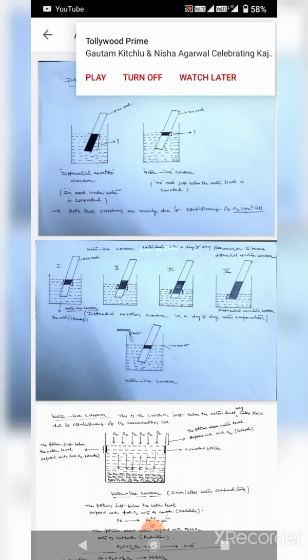The portion which is in the electrolyte in differential aeration corrosion will totally get corroded, but in waterline corrosion just below the water level gets corroded. Both corrosions are due to the establishment of an oxygen concentration cell only. We will see step by step how waterline corrosion can be turned into differential aeration corrosion.